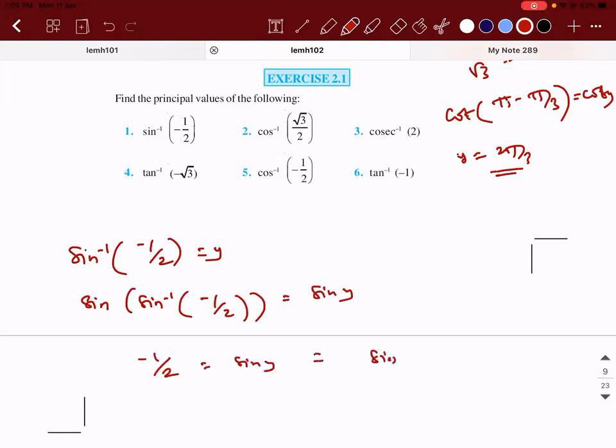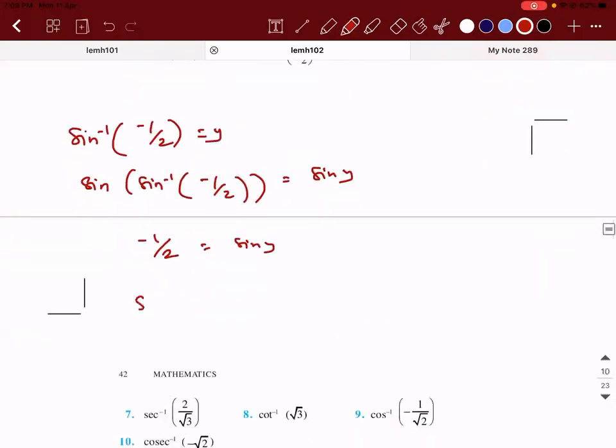This will become sine of minus, what is the acute angle for which you will get half? Pi by 6. So this is sine of minus pi by 6 is equal to sine y. So y is equal to minus pi by 6, because minus pi by 6 lies between minus pi by 2 and plus pi by 2.